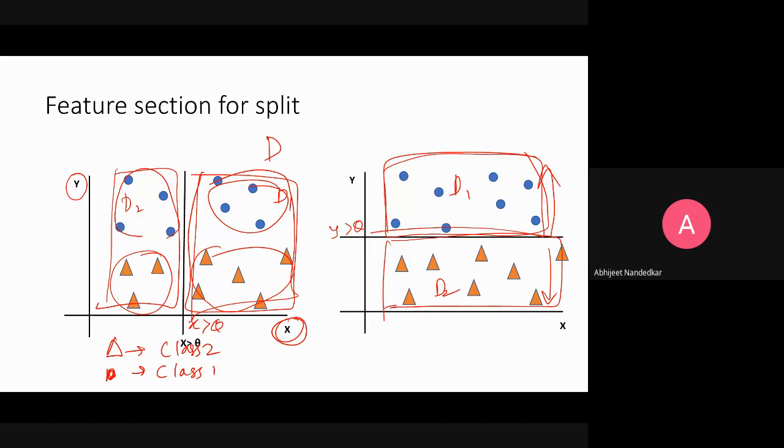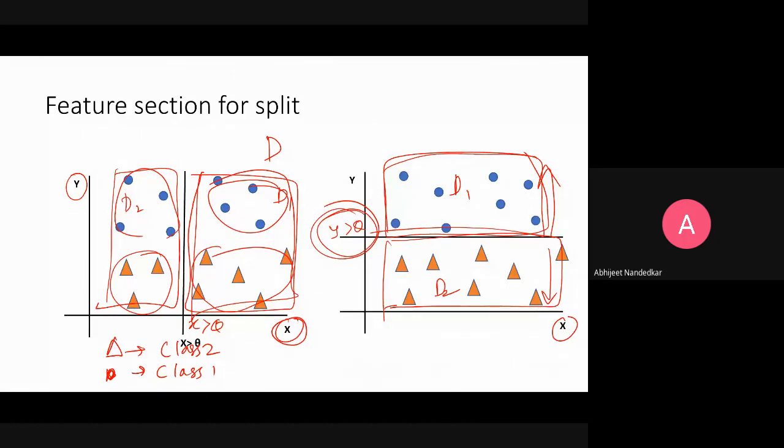So this is a good feature for me, which is producing pure samples in separated subsets. This is how we need to select the feature. So instead of X, we should prefer Y as the first step so that you get subsets which are pure.